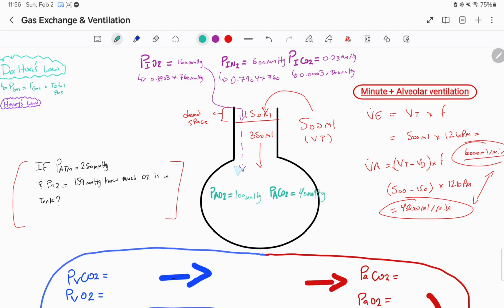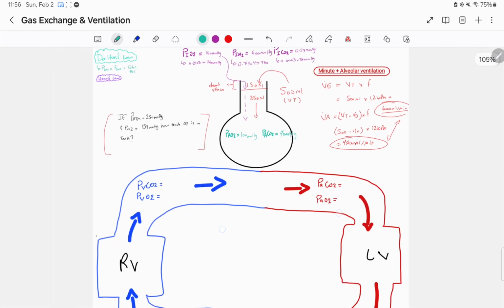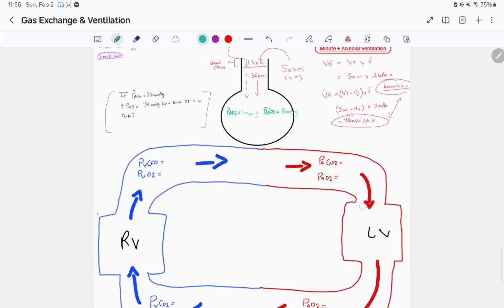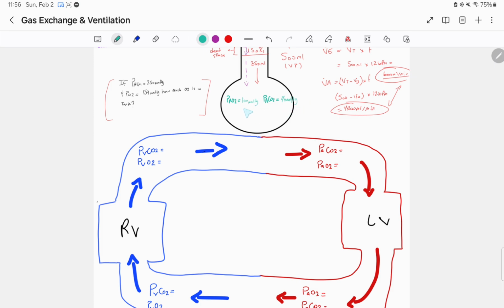And also, when we take into account water vapor, that's going to lower this pressure. It's a little complex with the temperature calculation, but don't worry about that. So what now? Now we know the partial pressures here, and we know the partial pressures here. Now we have to start thinking about gas exchange.